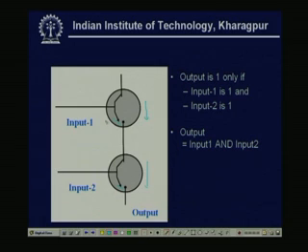So, what do I want for that? I want input 1 to be equal to plus 5 volt, and I want input 2 should also be plus 5 volt. Then my output should be 1.